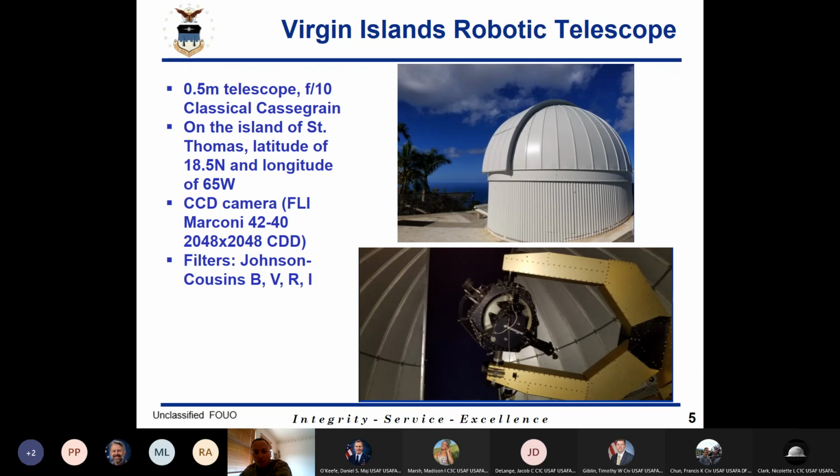I don't know the magnitude for the USAFA one, and I would assume the location might also play into how far it can see. Since this one's strategically located, that might be a factor in the magnitude. So I really don't know too much about what to expect on the 1 meter as of right now. All right, thanks.